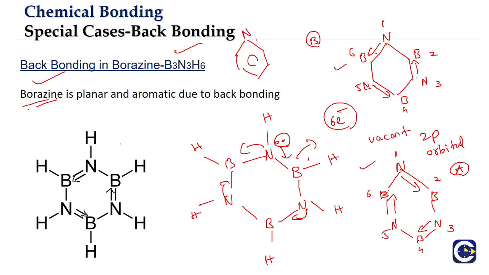The difference is that here 3 of these atoms will be nitrogens and 3 will be borons, and each of them will be bonded to hydrogen. Just like in benzene, each carbon is bonded to 1 hydrogen, here each of these atoms is also bonded to 1 hydrogen. That is the reason why we call it inorganic benzene.